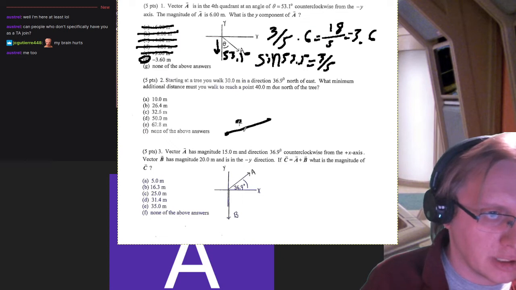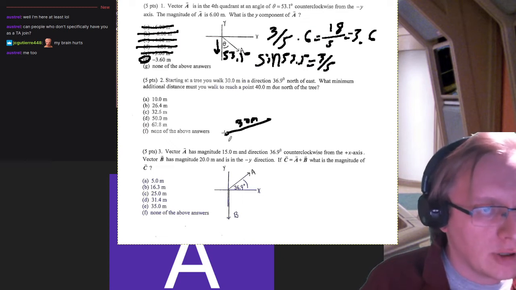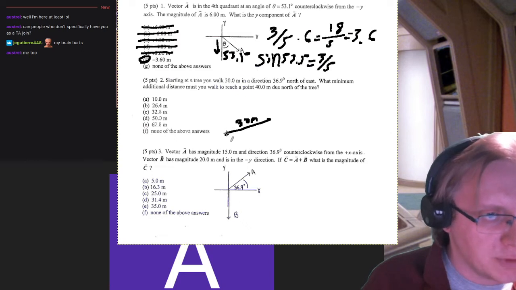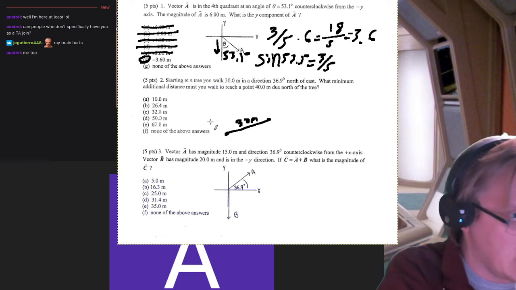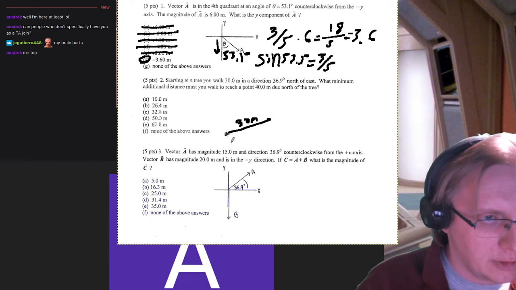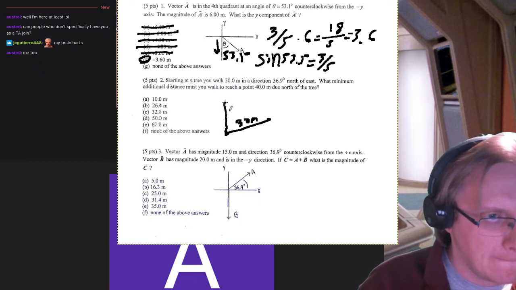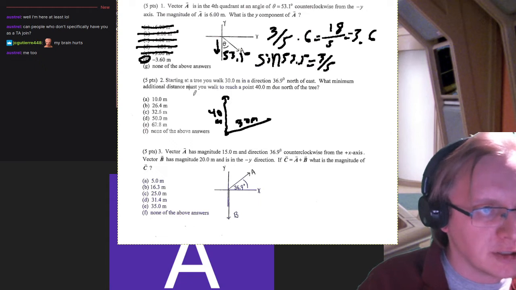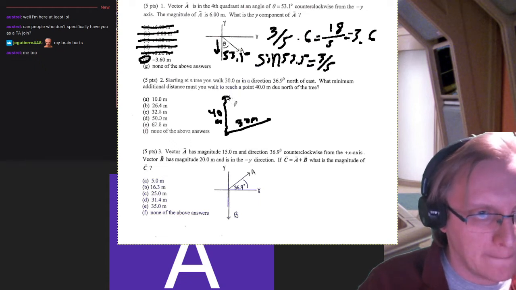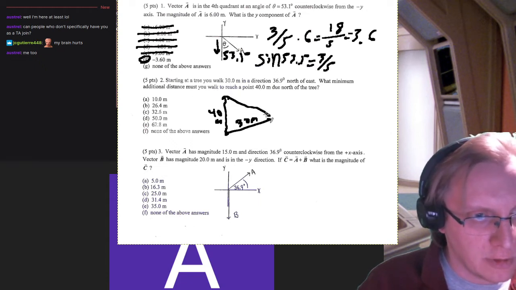So this is 30 meters this way. Well, we want to go to a position which is 40 meters, straight up. There we go. 40 meters that way. And it wants to know the minimum distance to go this way.